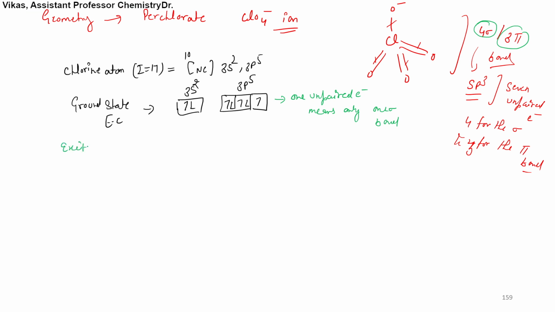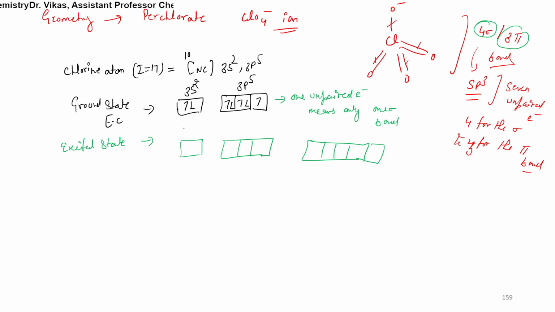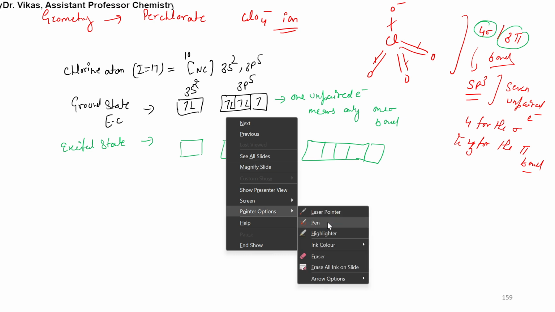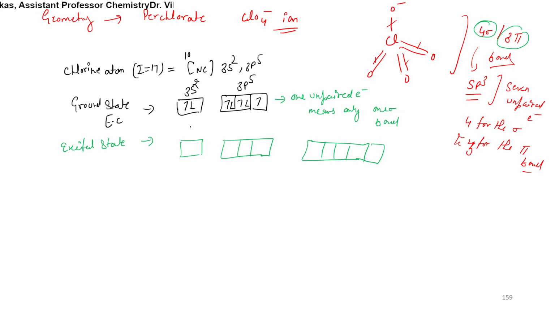Excited state: 3s, 3p, 3d, 1 2 3 4 5 6 7. Total electrons here are 7, and here also 7 electrons. The hybridization is sp3.